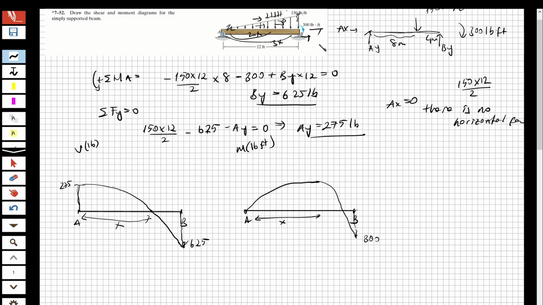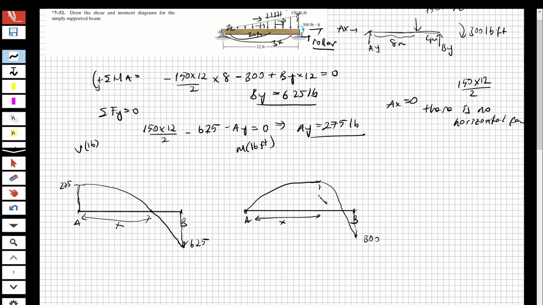This support is a roller, so that means that there is no moment here. Normally it should start at 0 and stop at 0. But now we have a 300 pound-feet moment here, so it's going to go down and reach 300 pound-feet for this moment that is applied in the clockwise direction.